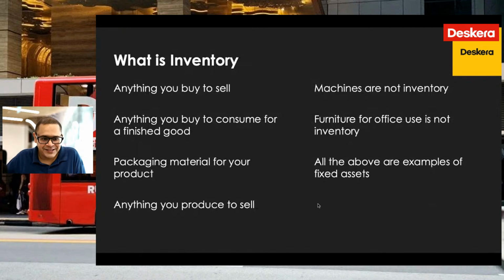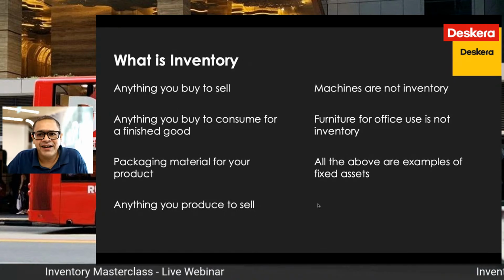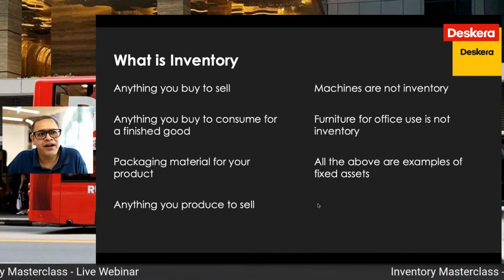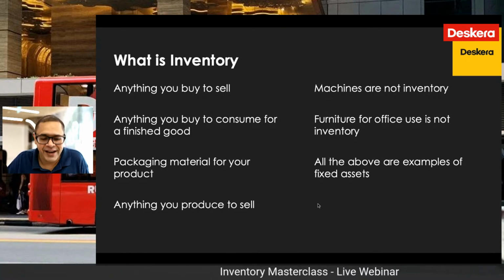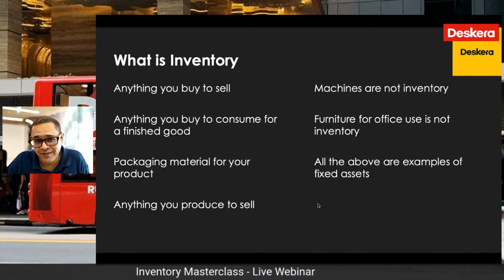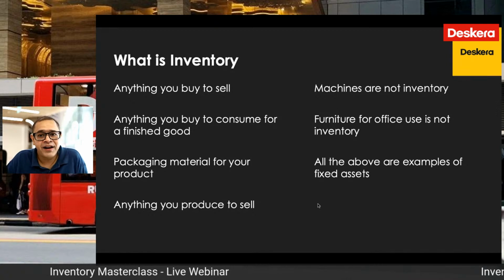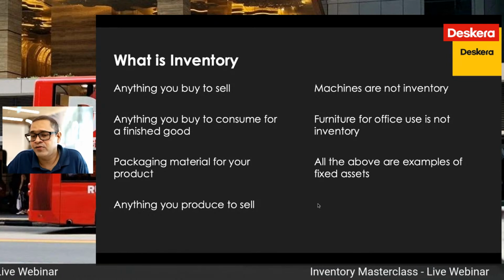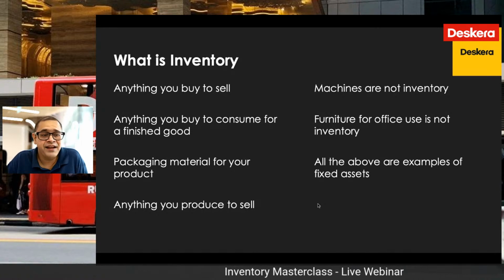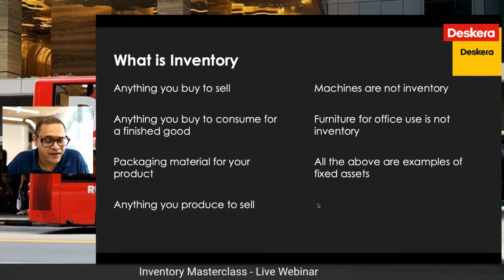So let's look at a definition of inventory. What is inventory? Anything that you buy to sell would be considered inventory. So if you are in trading or import export and you're buying anything to sell it further down the line, then it should be considered inventory.